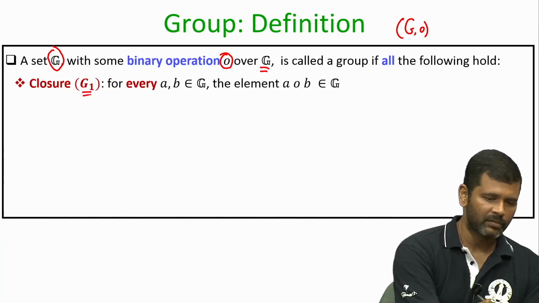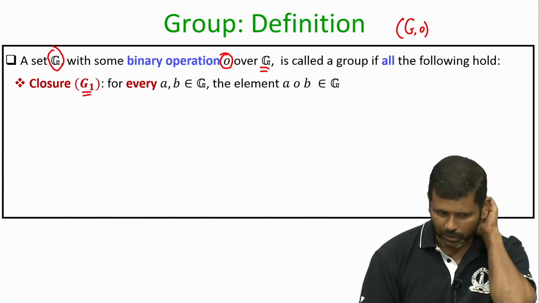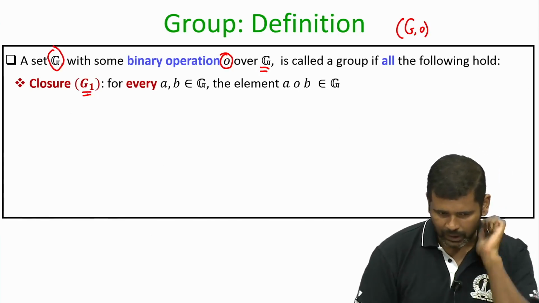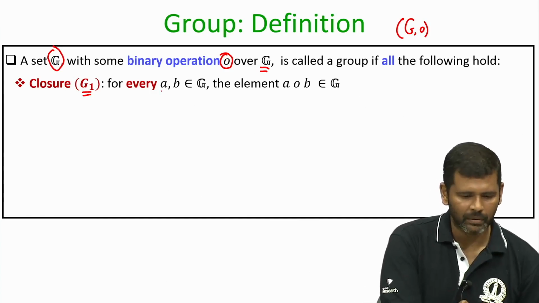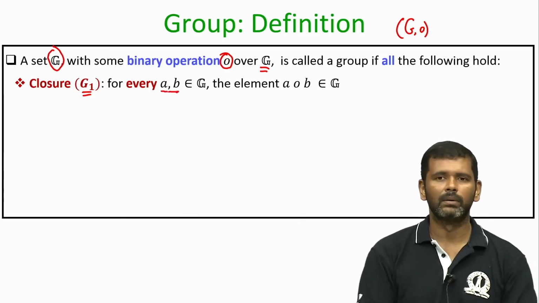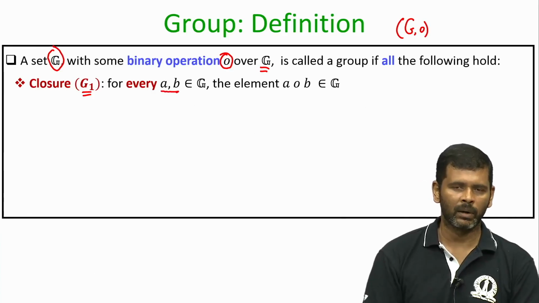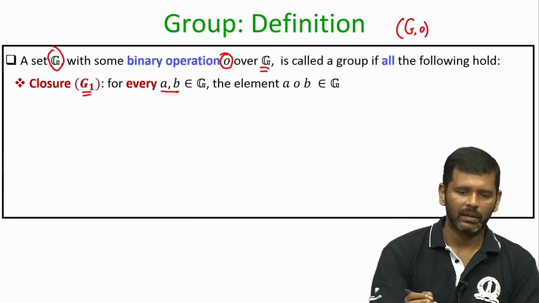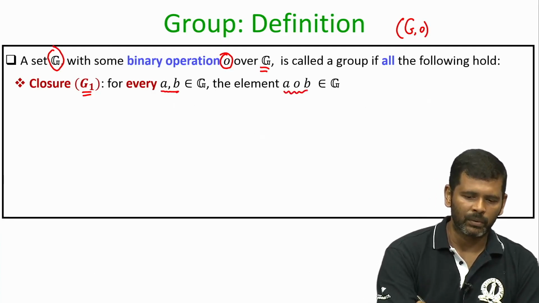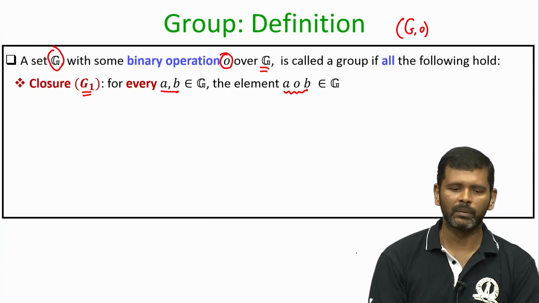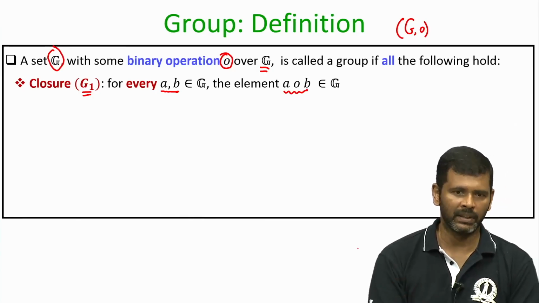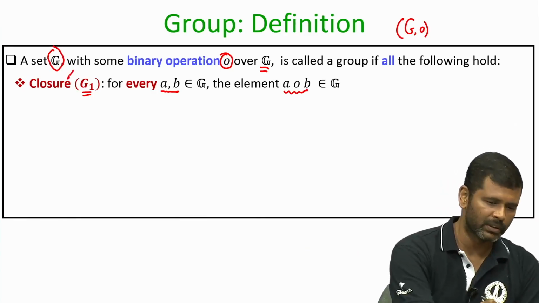The first axiom which we call as G1 is the closure property, and the closure property demands that you take any two operands a, b from your set big G. If you perform the operation O on a and b, the result should be an element of the set big G itself, and that is why the name closure.